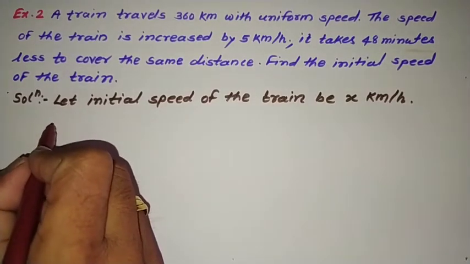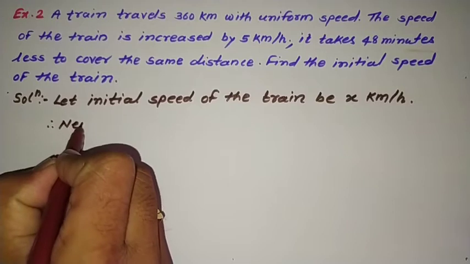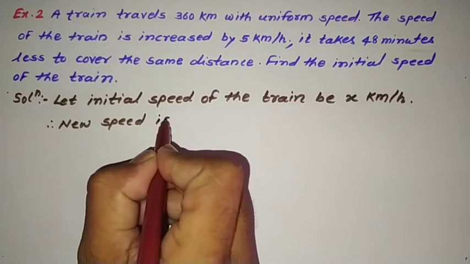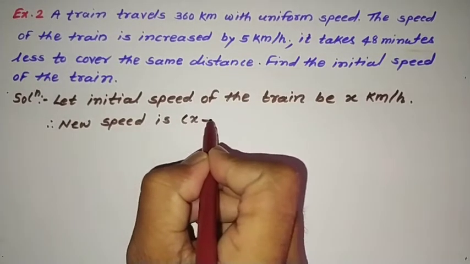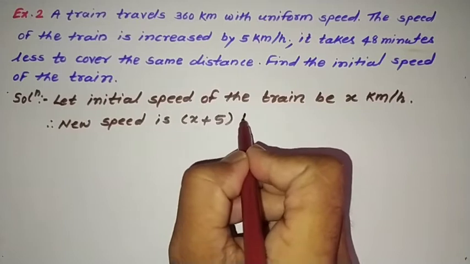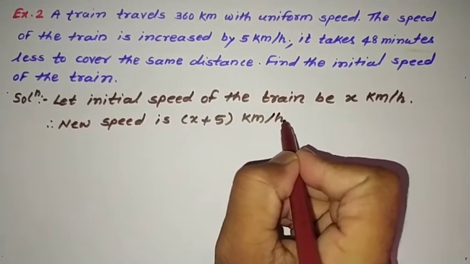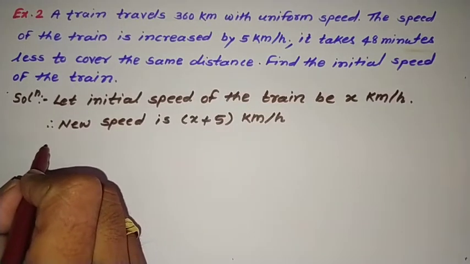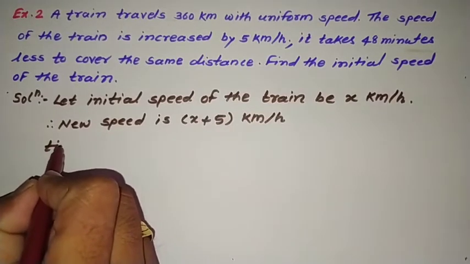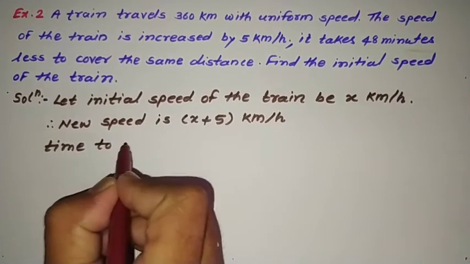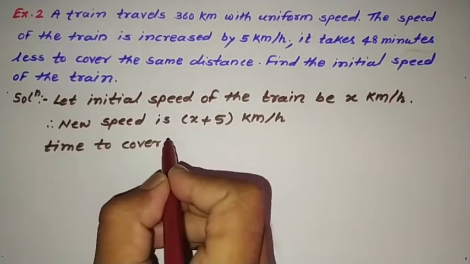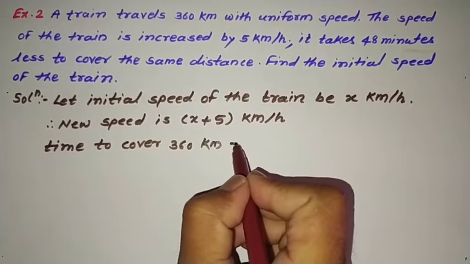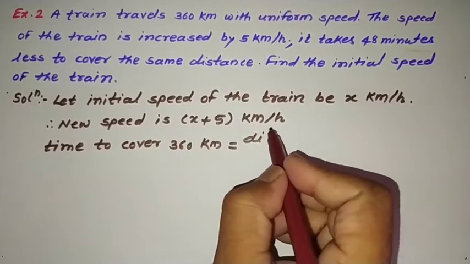Therefore the new speed is x plus 5 kilometer per hour. The time to cover 360 km is equal to distance upon speed.